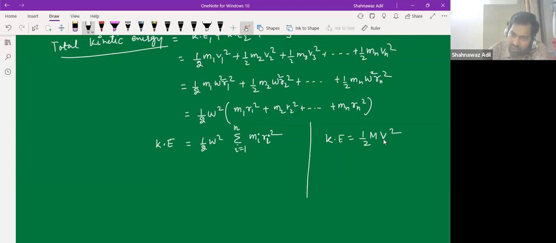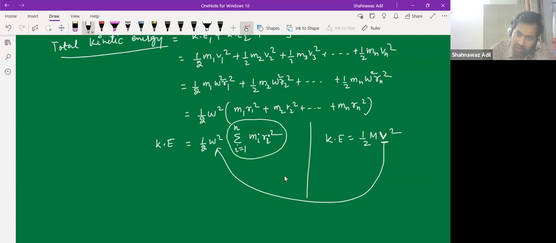The analog of velocity is omega, which means that this is the analog of mass in the rotational motion.